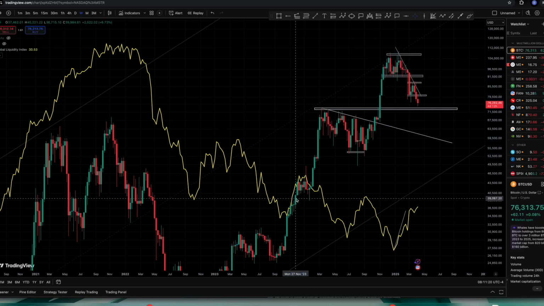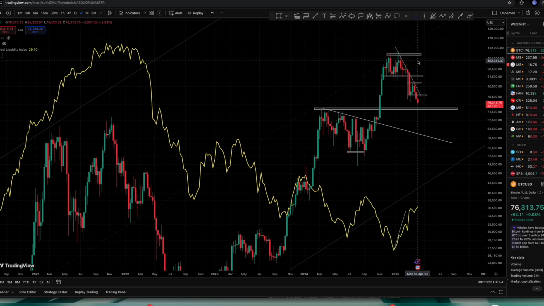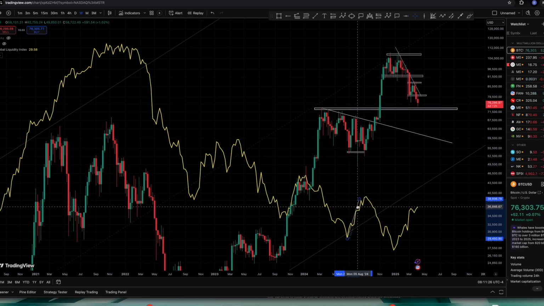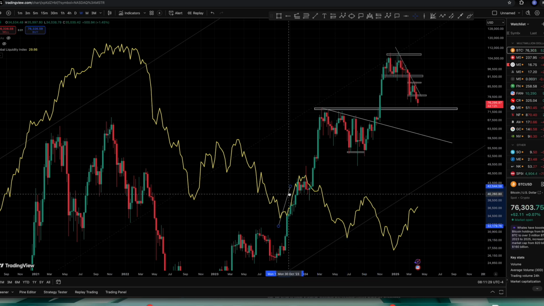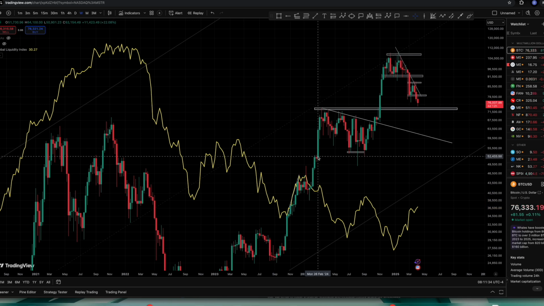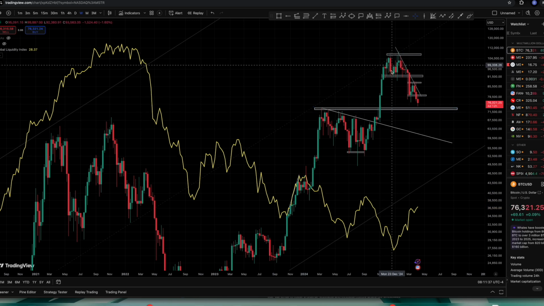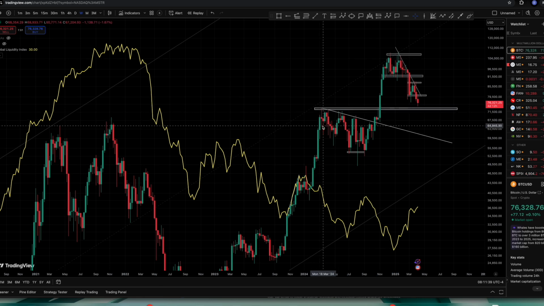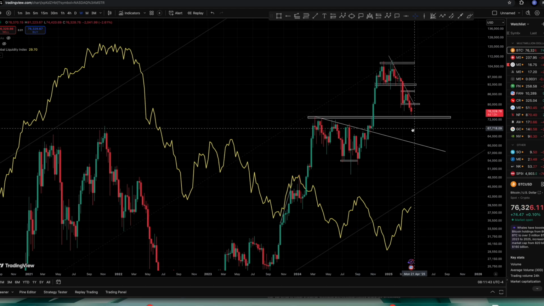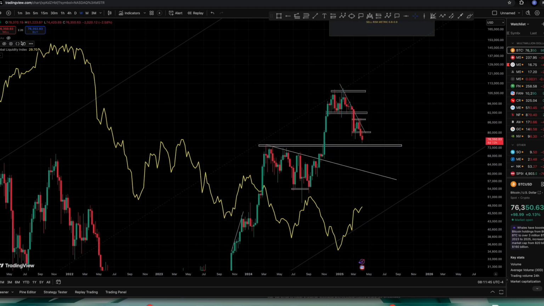So if these two are smaller than this one, then let's see what happens. Because remember I said the first leg was smaller than this one. And if you see the percentage gain, this was 107, this one was 91. And this one's larger than both of these. So what if our move is a little bit larger?